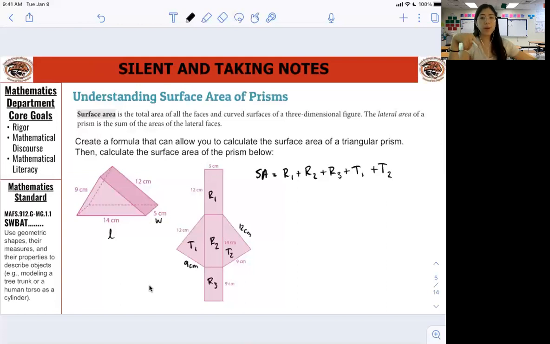Okay, Perla gave me R1, but my question right now is, do we know the height?